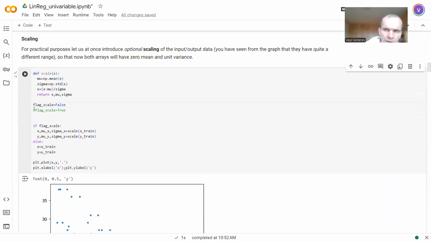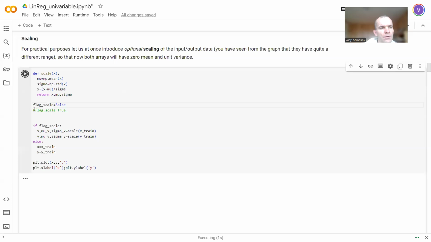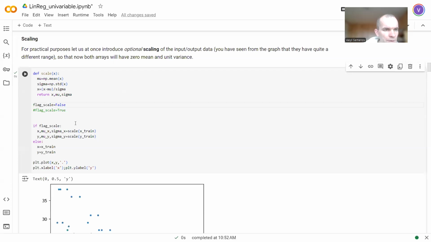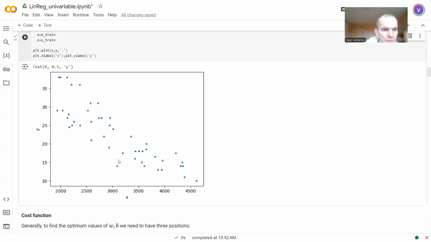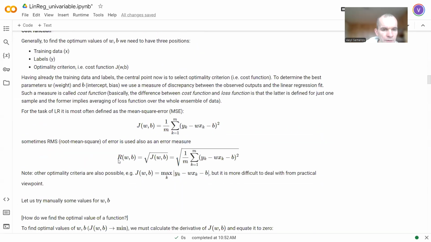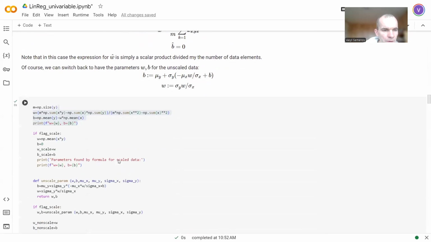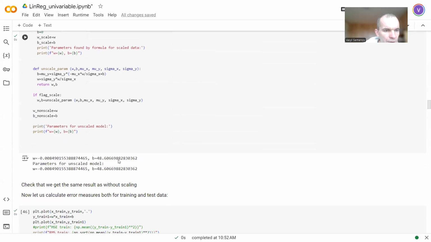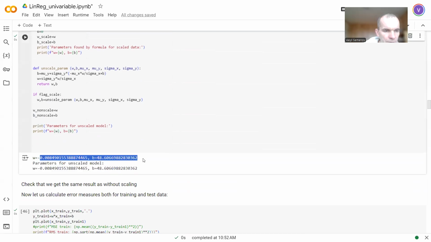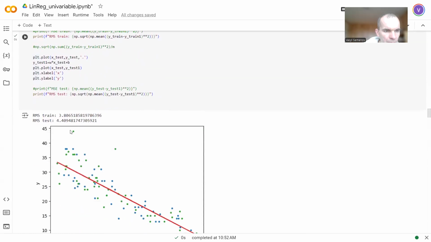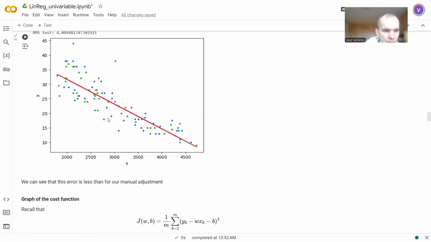I don't run the whole script. So the data, as you see now, are not scaled, but we get the same result. We get the same result for W and B, and the same root mean square error for the training and test data sets.